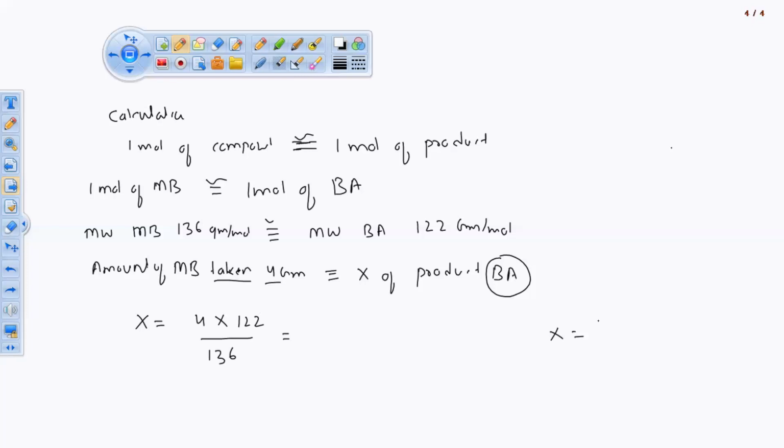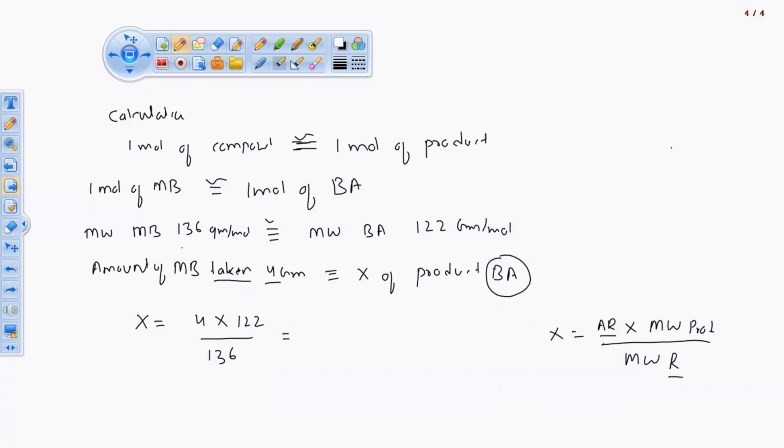Amount of reactant taken multiplied by molecular weight of the product, ठीक है, divided by molecular weight of reactant.